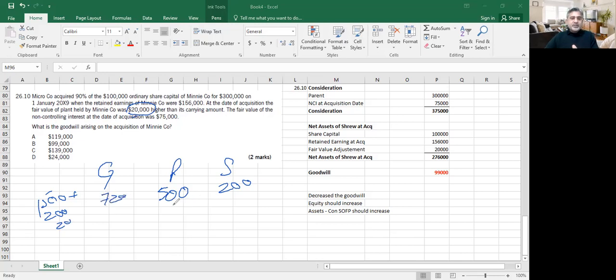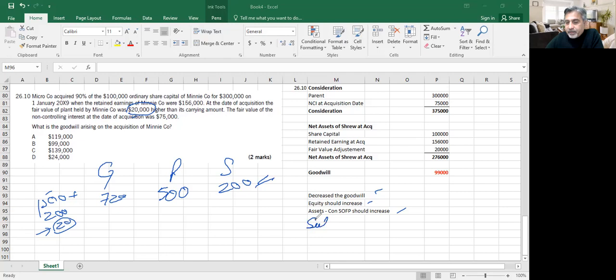Because I'm not telling the subsidiary to go and make a fair value adjustment, they will keep on showing 200K. But in my group, I will add them. So in my consolidated statement of financial position, I have to make this impact. My assets go up. Goodwill decreases. Equity, because if I put it on my asset side, I should put it on the other side as well. So it should go somewhere else as well. And then there was one more issue.